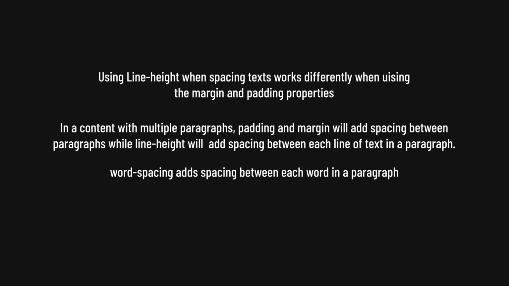Using margin and padding to space your paragraphs works differently from spacing your text with line heights. Margin and padding affect the spacing between your text tags like your H1 and your P tag and other elements around it, while line height affects the height between each line of text.